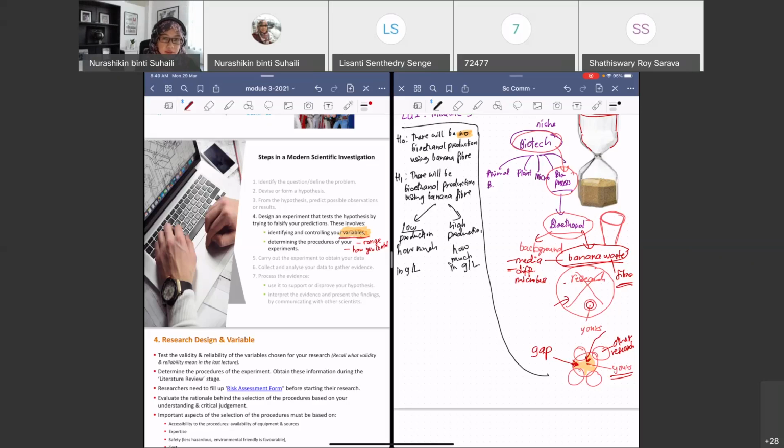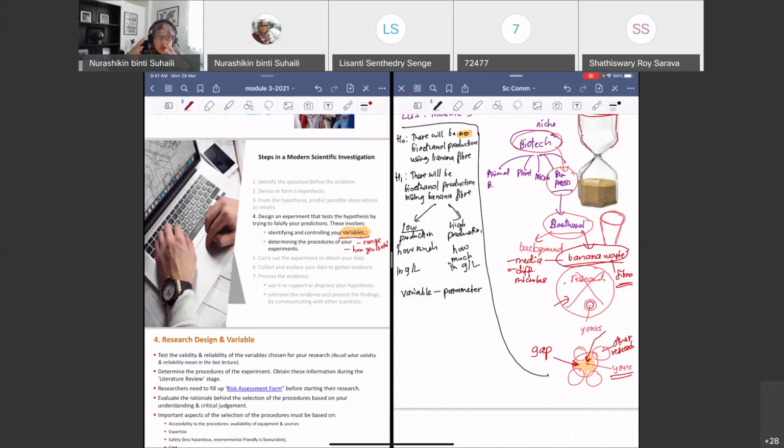From the word itself, it means something that varies. It's a thing that you vary, isn't it? That's why it's called variable. A variable is also called a parameter. It is the same thing. Sometimes we say variable, sometimes we say parameter.